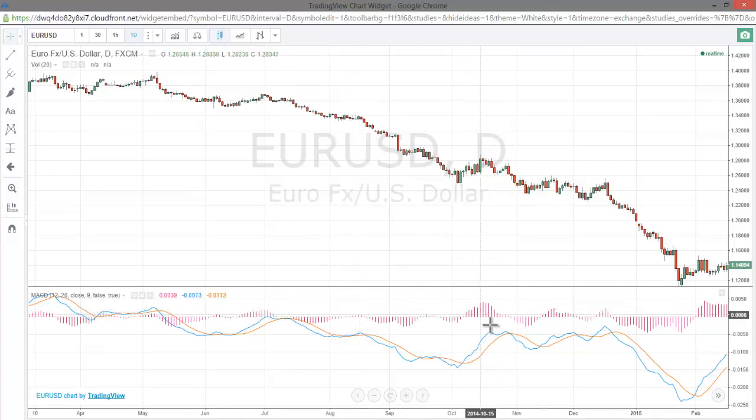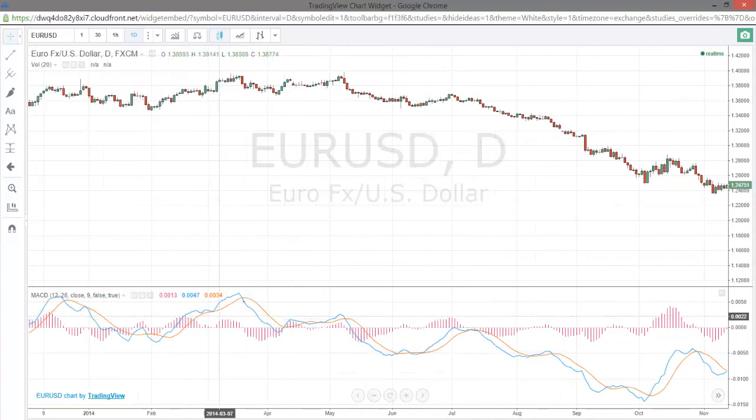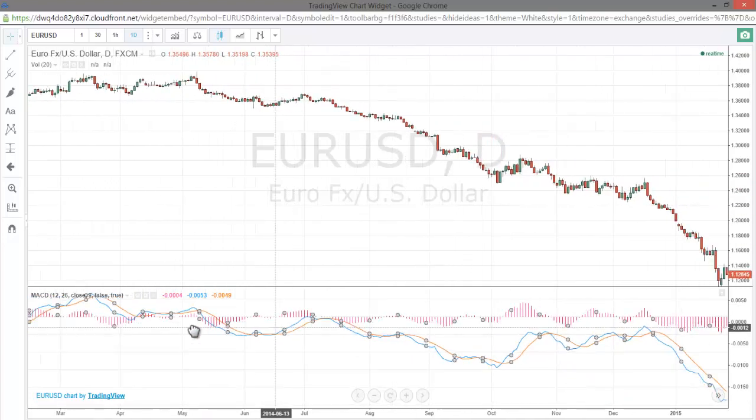That just shows you that you're in a downtrend. In my case, I'm a swing trader. I like to trade with the trends. So while this is above, I will only place buy positions, and when this is below, I will only place sell positions, really.